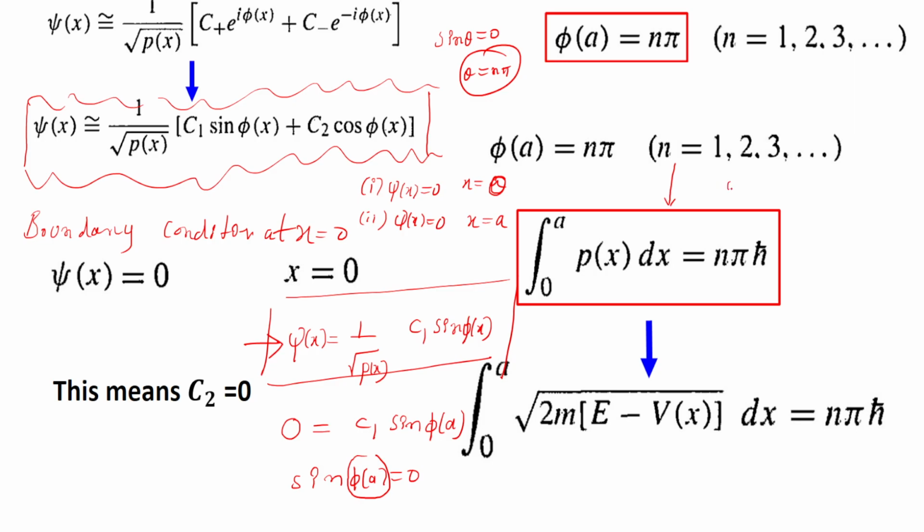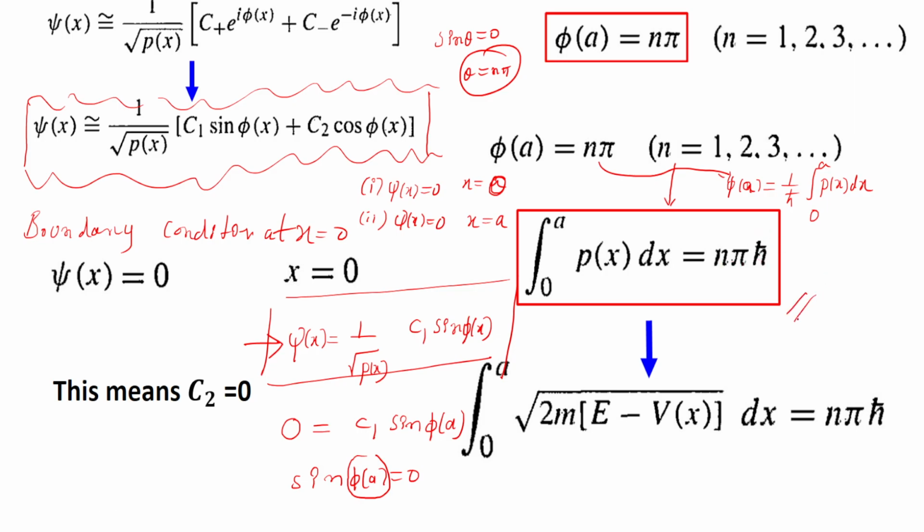If you use phi of x equal to 1 divided by h cross integral of p of x dx, then simply use phi of a here, put the n pi value, and use the boundary conditions x equal to 0 and x equal to a. That is why I got integral 0 to a of p of x dx equal to n pi h cross.